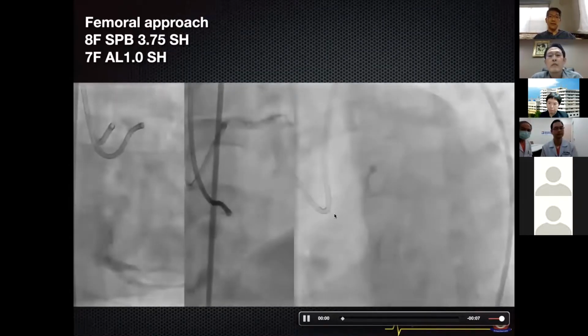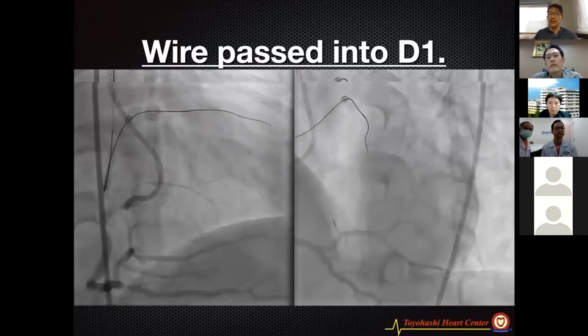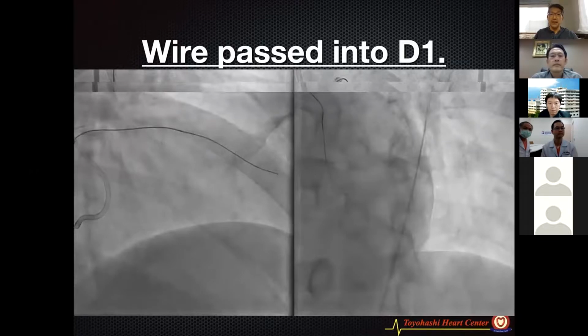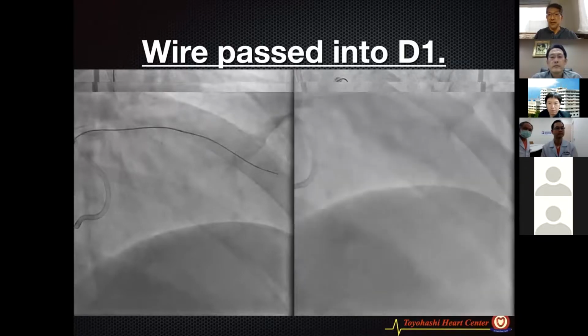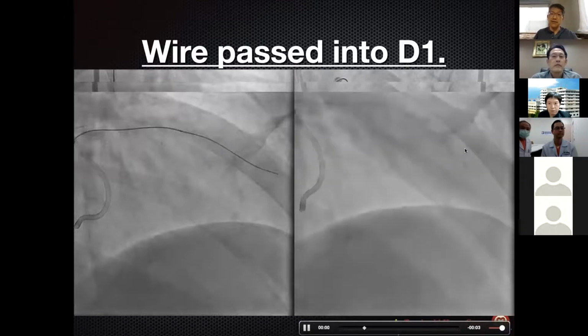I started to advance the guide wire from the antegrade. Unfortunately, the wire passed through the diagonal branch. So I confirmed using tip injection with this microcatheter.